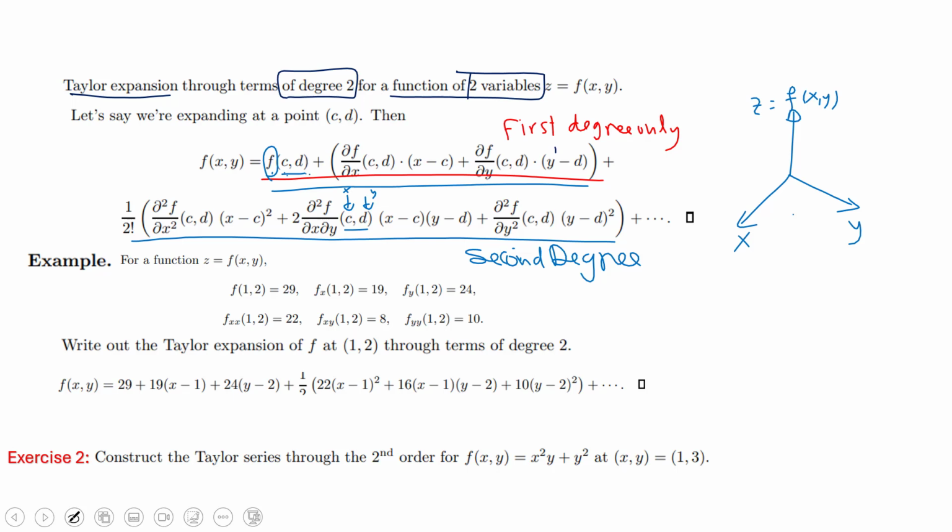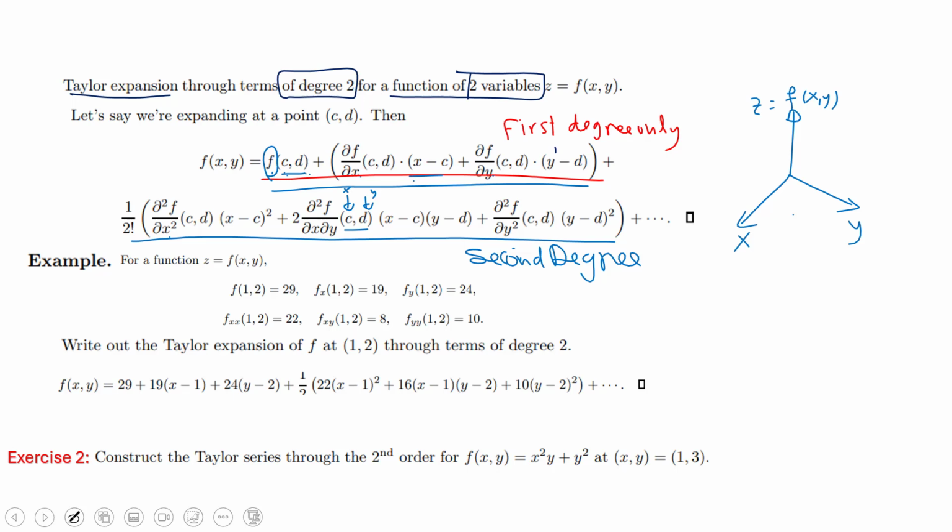So you need the function at these two coordinates for the point. And also you need the partial derivative because we don't have one derivative. We have two partial derivatives, first partial derivatives because we have two variables, right? And we have the second degree one with the second order partial derivatives, right? So as in one dimension, you find the value of the function at the point. Here you do the same, and the partial derivatives at the same point, and the second derivatives at the same point.